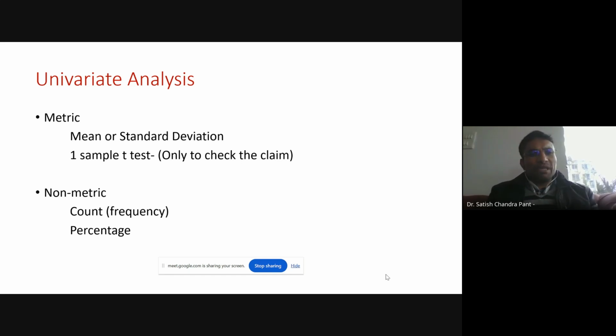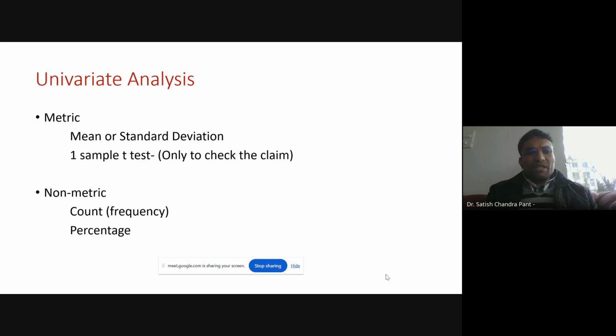One is you can go for the mean, that means the average, or you can go for the standard deviation, that is, how much they are deviating from the mean or average. Or at most, you can check claims through the one sample t-test.